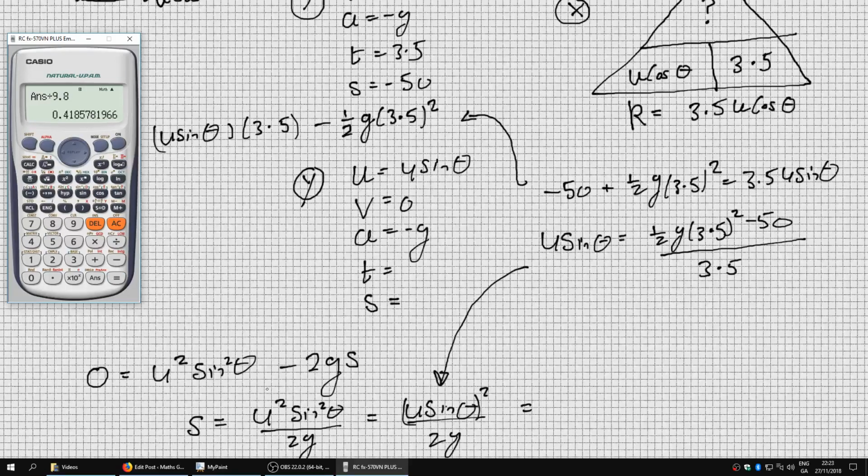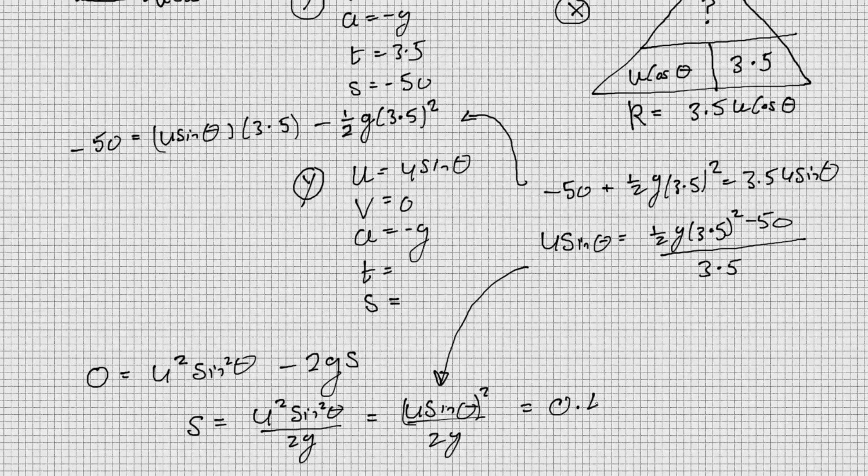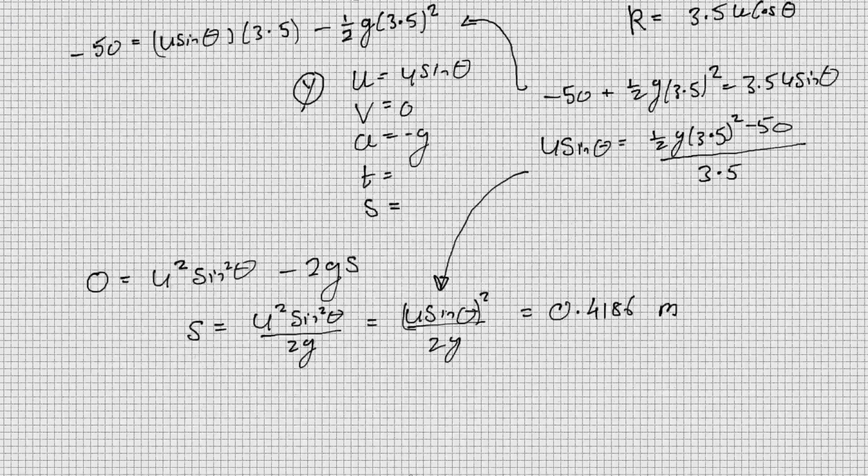So that s comes in at 0.4186. So the total height from the ground is going to be 50 plus this 0.4186, because we're taking the pigeon's level as the x-axis, and the question says round to the nearest tenth of a meter, so that's 51.4 meters.